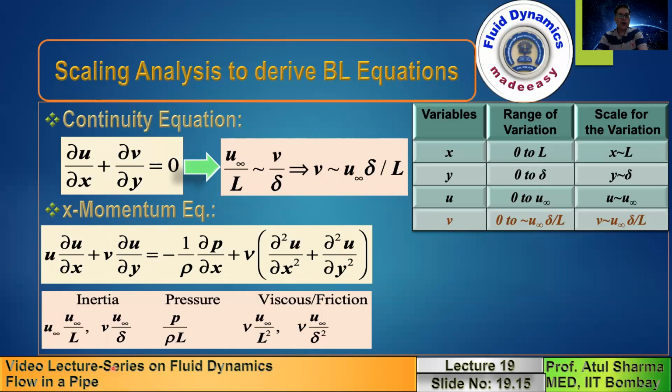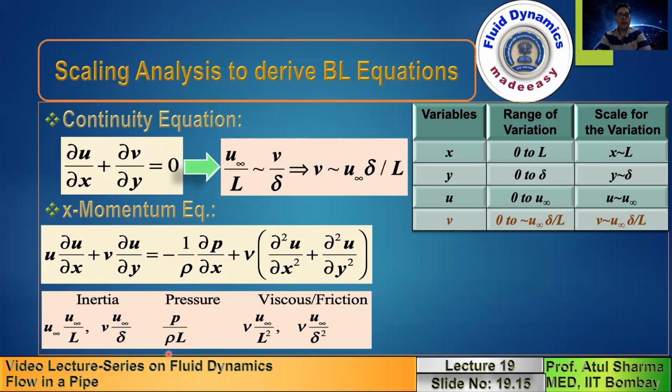Now, if you see all these terms and apply the condition, as I said, the key to the derivation in boundary layer theory is that you have two length scales of varying magnitude.